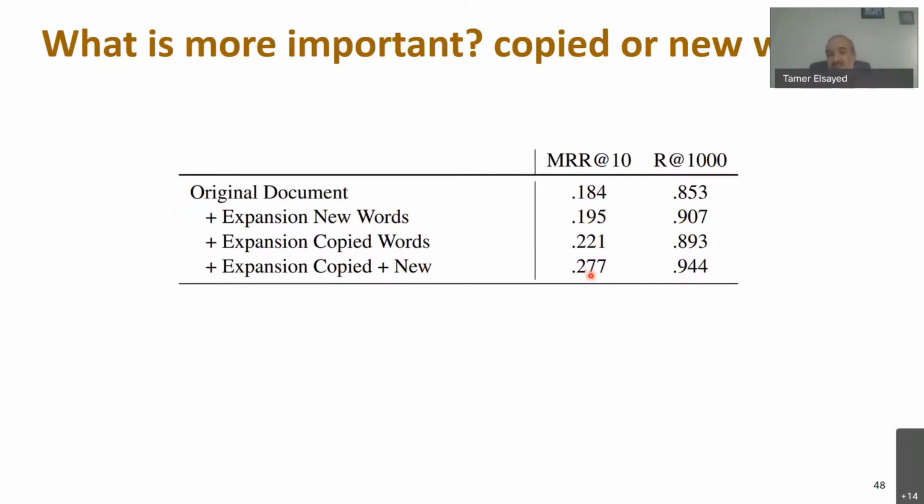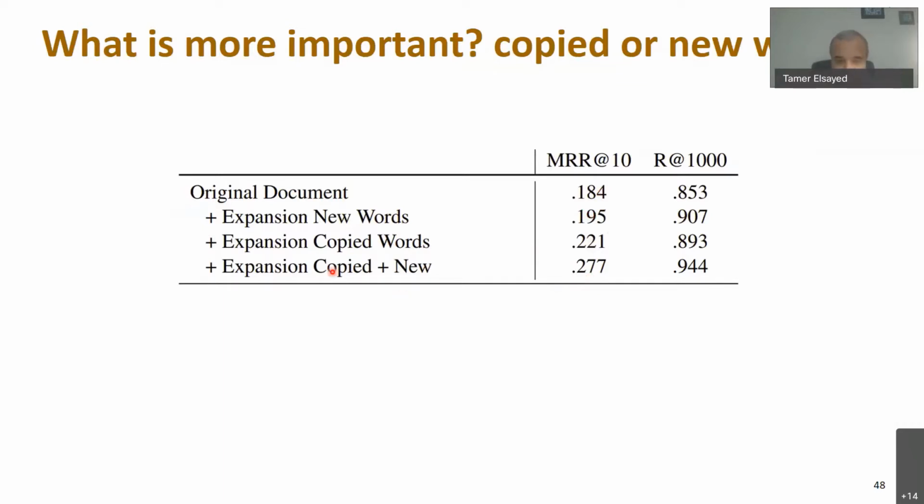That means that adding them together added much more than adding them individually. It's not just additive. If you added the differences together, it would not add up to this. This really is even better than just adding the improvements together.